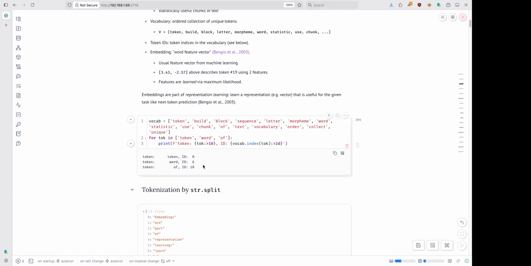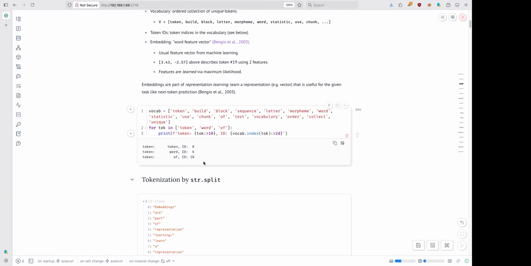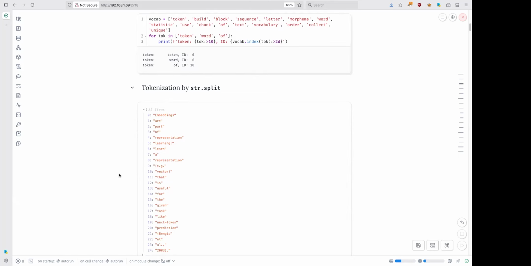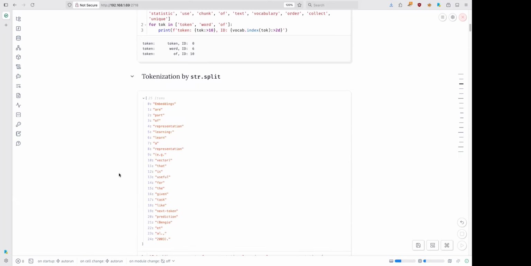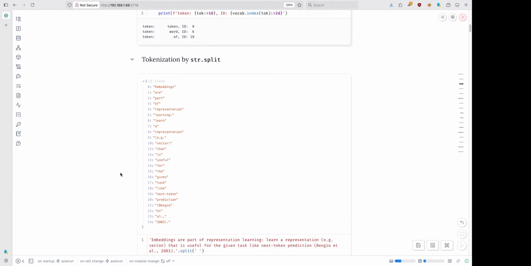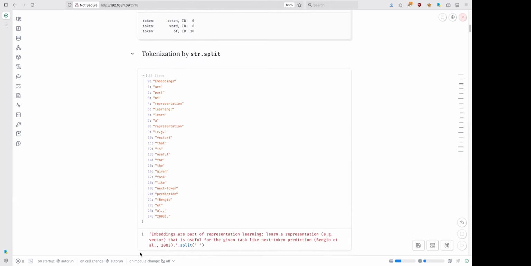Now let's have a look at the first baby approach to tokenization, which is literally calling str.split. Here's the code. You have your text. You call split, and it splits on white space in this example. So you have the output above. You see that we got our tokens. Each token is a word, approximately.